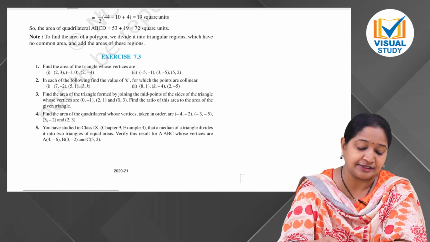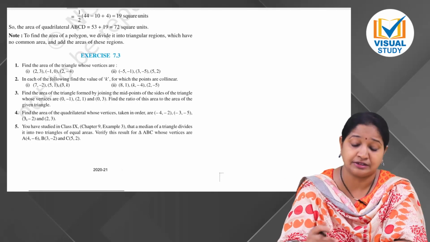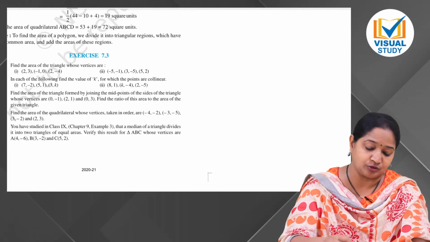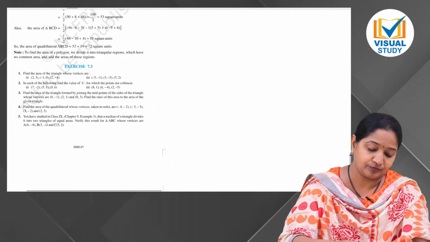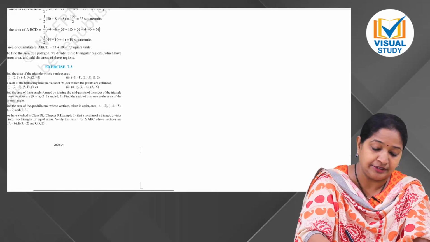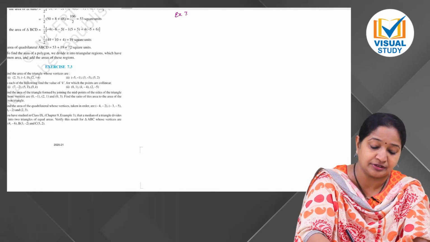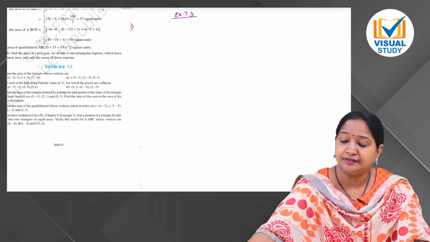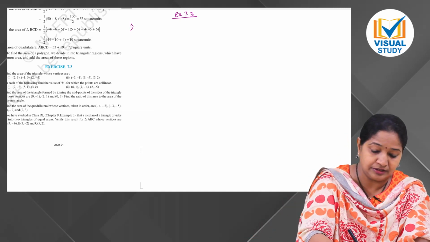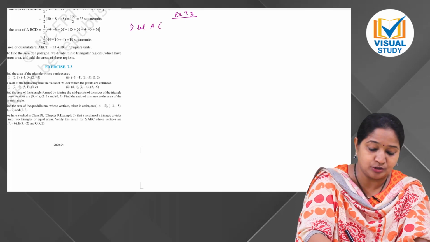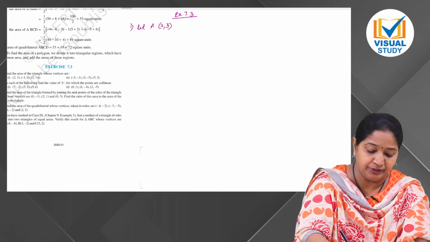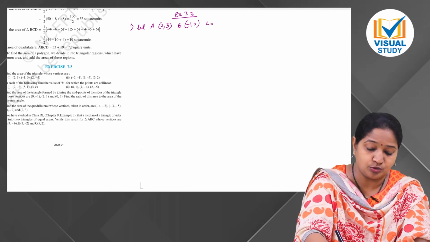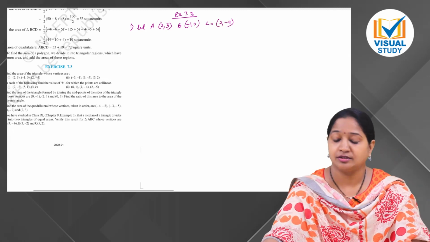Now we'll do our exercise, that is our last exercise 7.3. Find the area of the triangle whose vertices are given. First one: let A be 2, 3, B minus 1, 0, C 2, minus 4.